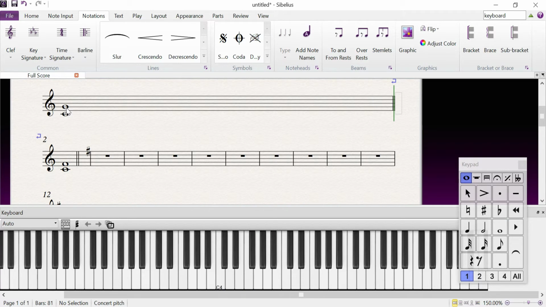If we flatten this perfect fifth, this is now a diminished fifth. If we raise this perfect fourth, this is now an augmented fourth. See how these actually sound exactly the same?